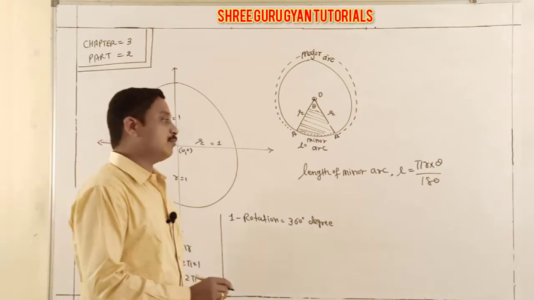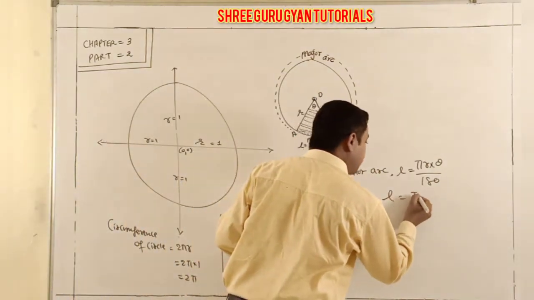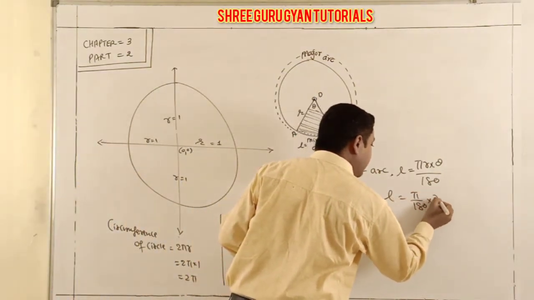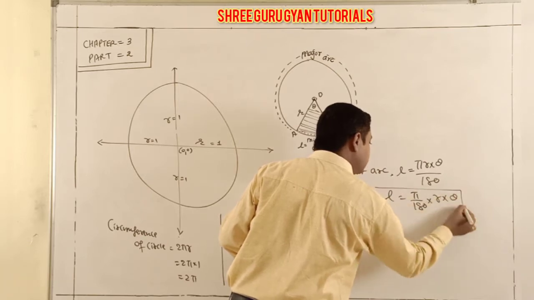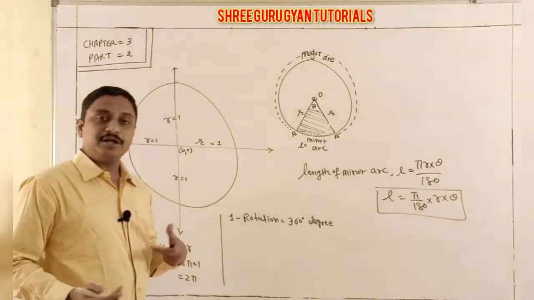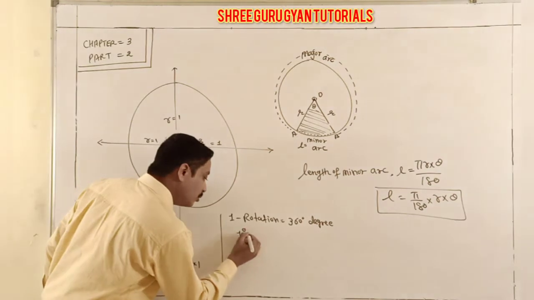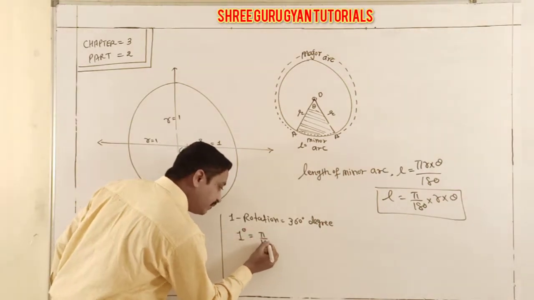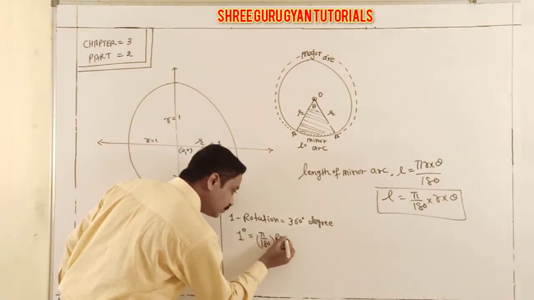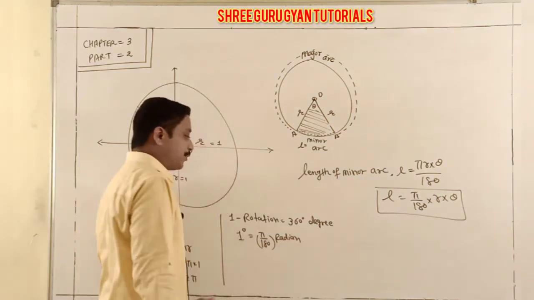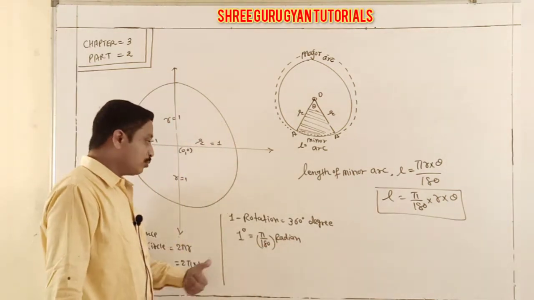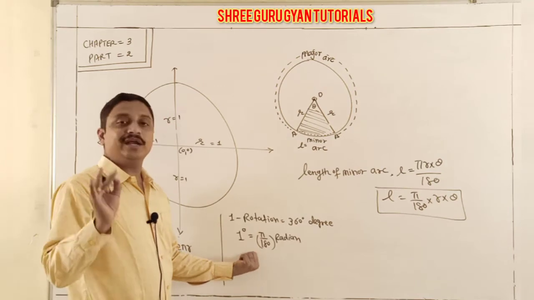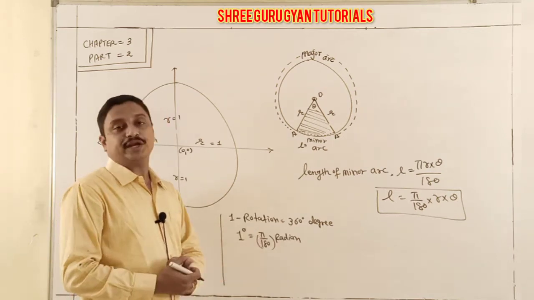Now this pi r theta upon 180, students, I just separated pi by 180 and r into theta. Now 1 degree is already known: 1 degree is equal to pi by 180 radian. How is that defined? Already known 2 pi and 360, so 1 degree is converted to pi by 180 radian.